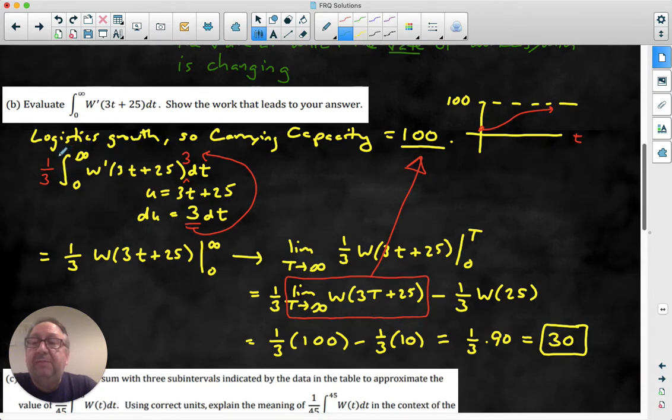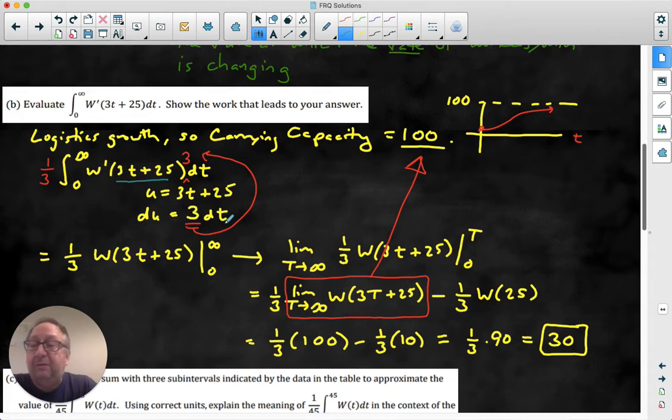So if we immediately down here, and I'm going to skip this top line, we recognize that we're not taking the integral of w prime of t, we're taking it of some function of t. So I did a u substitution here. For my 3t minus 25, I let that be u. The du then would be 3 dt.